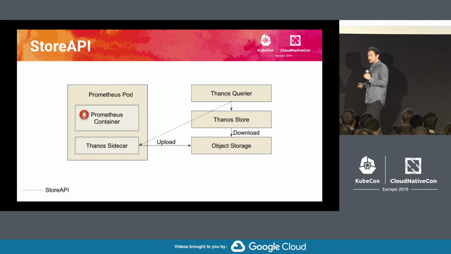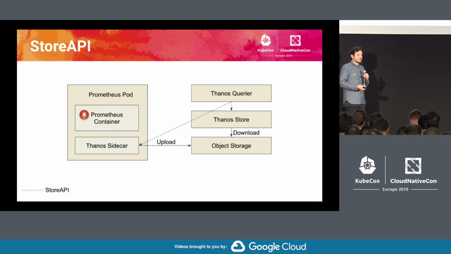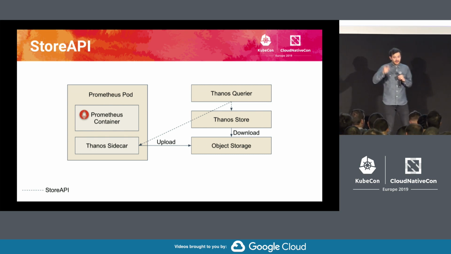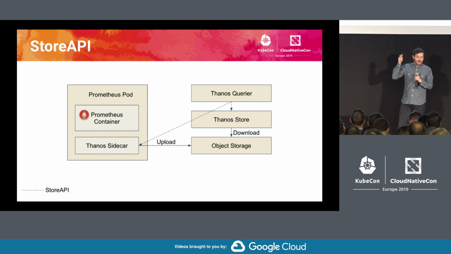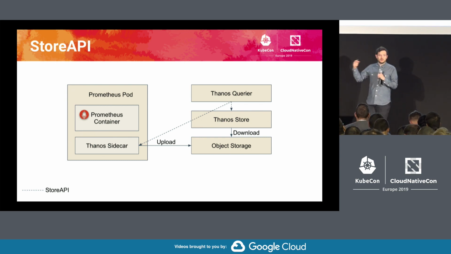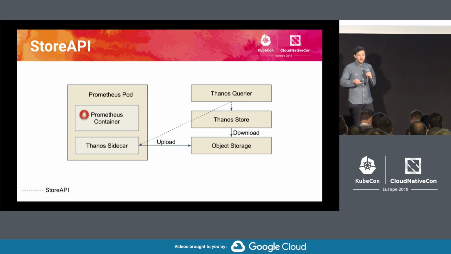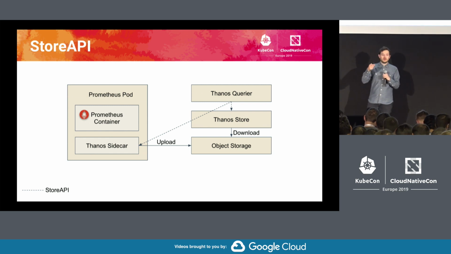No. But you can make it your multi-cluster monitoring system. And again, the Store API is, I think, the coolest thing about Thanos, because the Store API allows you to build all of these wild combinations of components that ultimately make up the system that you exactly need.